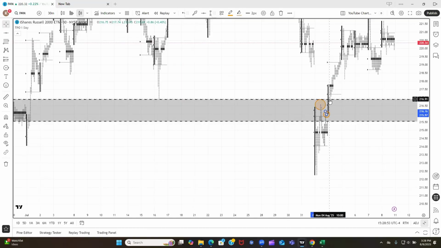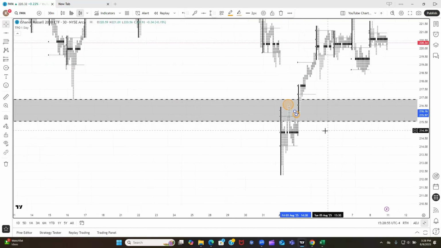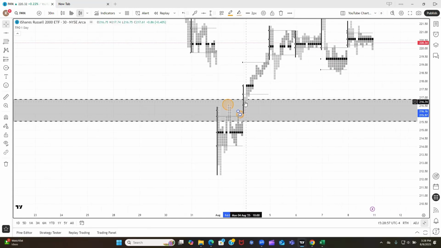Here is Monday the 4th. Here is the open. It came all the way up to 217.05 roughly, and then all the way down to 215.98. So that's a big area of profit to make, right?